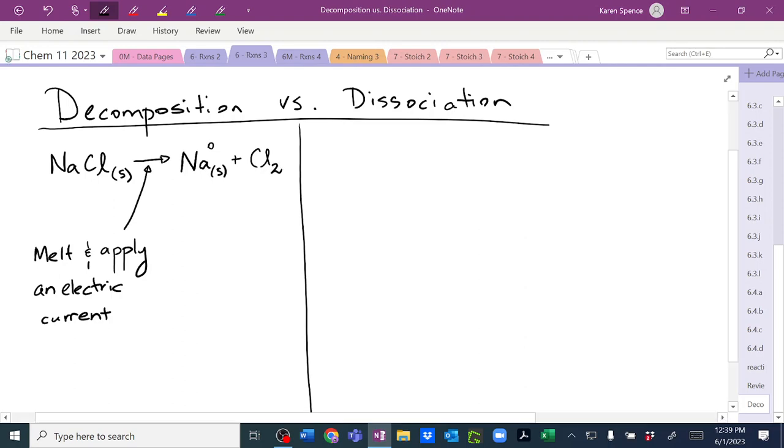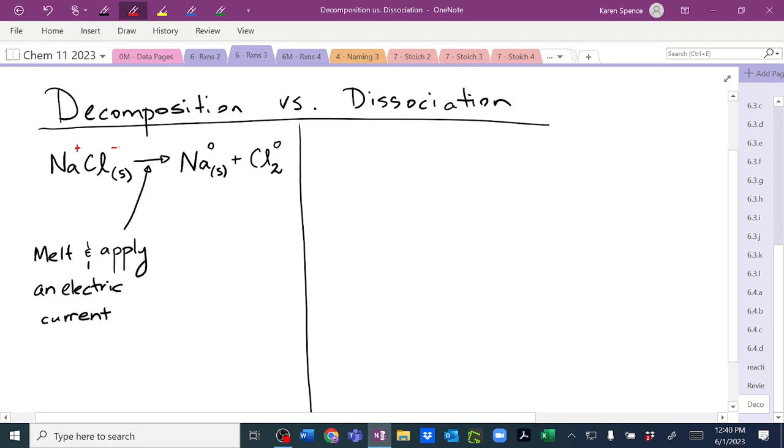And its charge is 0. Normally we wouldn't write the charges, but because we're looking at the difference between decomposition and dissociation, we're going to do that. Now, again, also normally we would not write these little charges here, but in the compound, sodium is positive and chloride is negative.